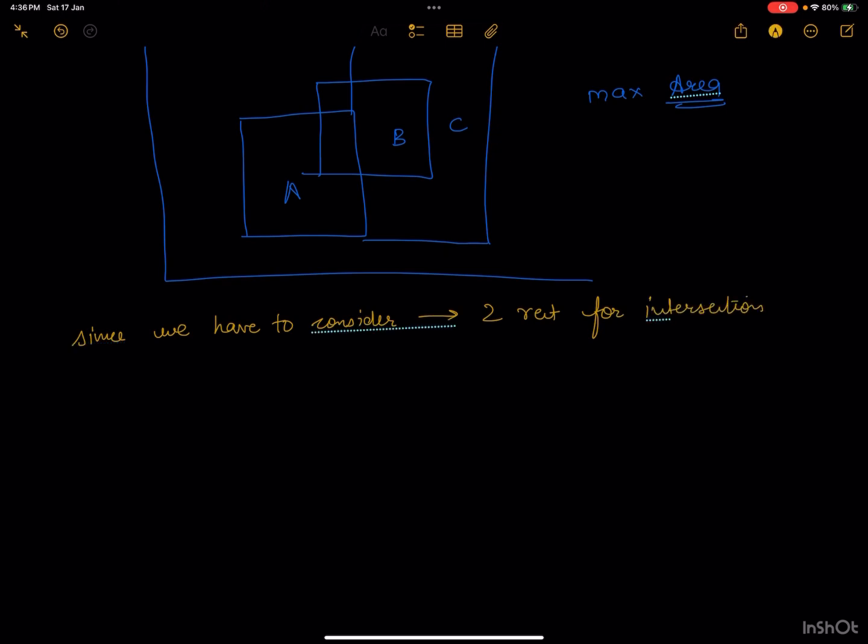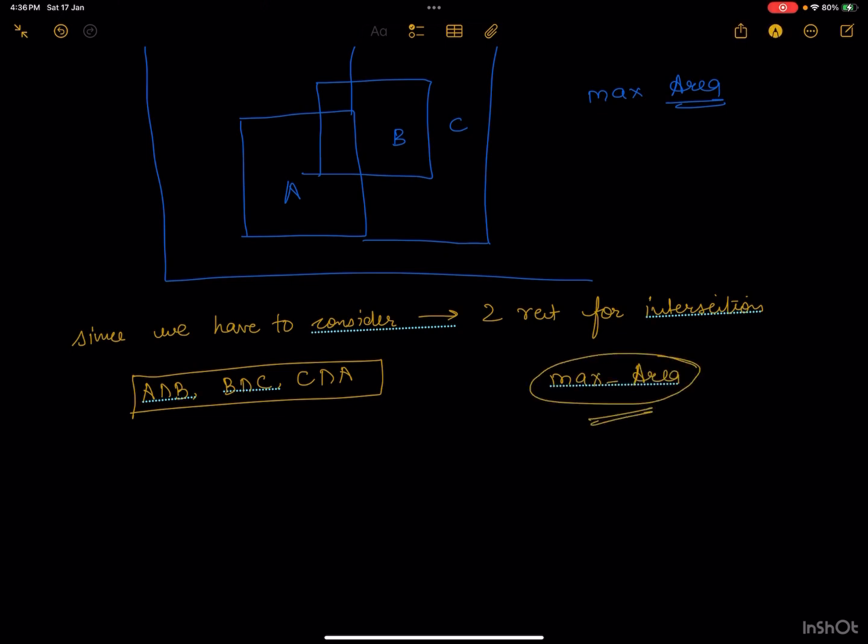We can check for A intersection B, we can check for B intersection C, and we can check for C intersection A, and try to find which intersection gives us the maximum area. Have a max area variable, and store the maximum area in that variable.